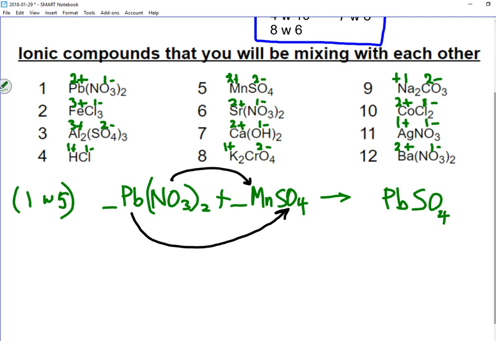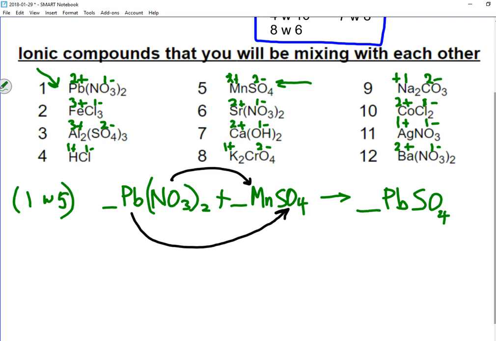Now, since sulfate has a 2+ charge, as you see up here, and your lead, which is from chemical number 1, has a 2+ charge, it's a 1-to-1 ratio, and so we don't have to put any extra subscripts in.